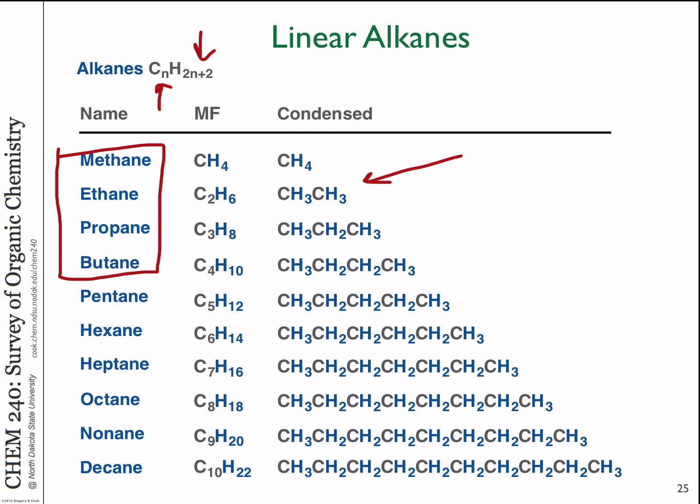So obviously, pent refers to 5. So pentane is the 5-carbon chain. Hexane, 6-carbon chain. Hept is 7. Oct is 8. Non is 9. And deca is 10. So you name these molecules based on the number of carbons in these linear chains.